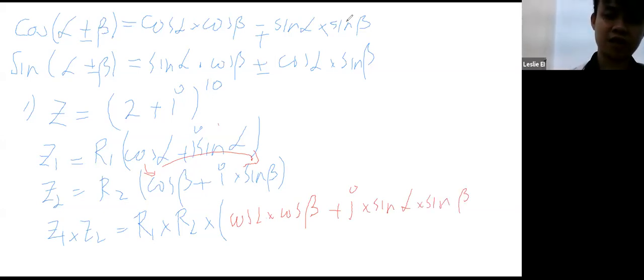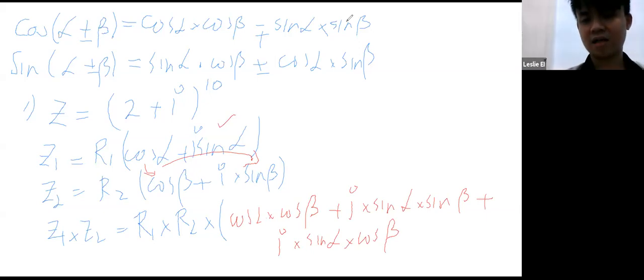Now I move to the i sine. So i sine alpha times cos beta gives me i times sine alpha times cos beta. And last is i sine alpha times i sine beta. So you get i squared. i squared means -1. So -1 times sine alpha times sine beta.